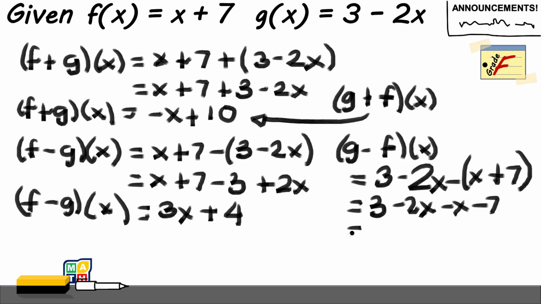So your entire expression for g minus f of x is now minus 2x minus x, which is negative 3x, and you will have 3 minus 7, which is negative 4. See? We don't have the same results because there's no commutativity for subtraction. And here are the results for the sum and difference of these two given functions.